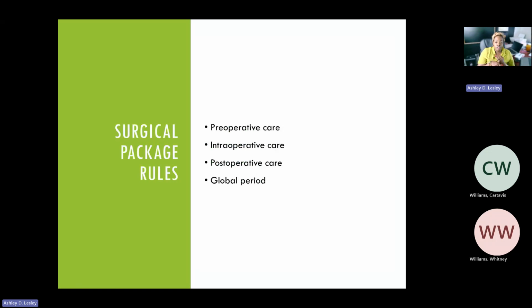So when you have surgery and you have to go get your pre-op labs done and you're in the hospital for a couple of days and then you have to go to maybe physical therapy or something after your surgery, all of this is in your surgical package. So you can't be billed for your pre-op stuff and then be billed for when you're in the actual hospital for the surgery and bill for when you go to physical therapy or any aftercare. It's all in one package. So it's all billed into one bundle.